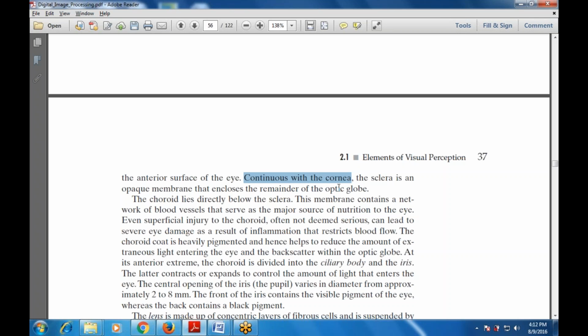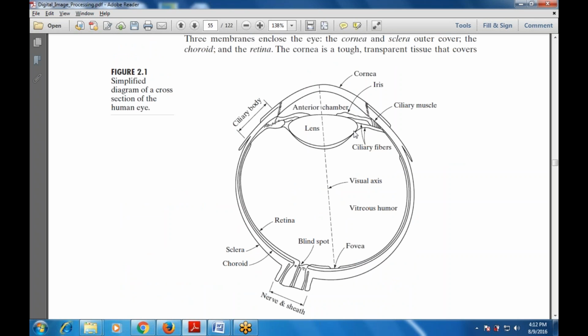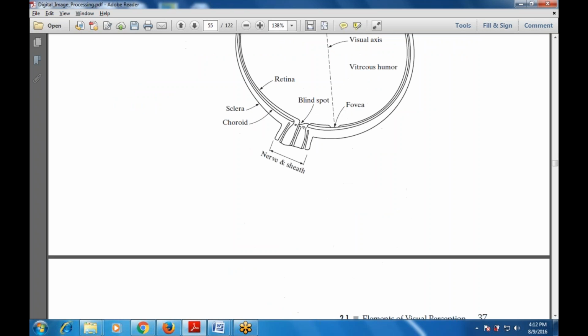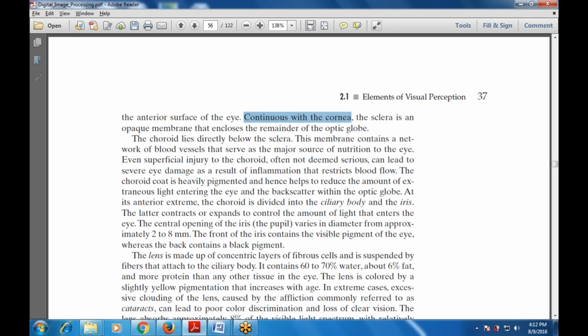In the diagram, this is the front and this is the back. One is the visible pigment of the eye, and one is the black pigment.